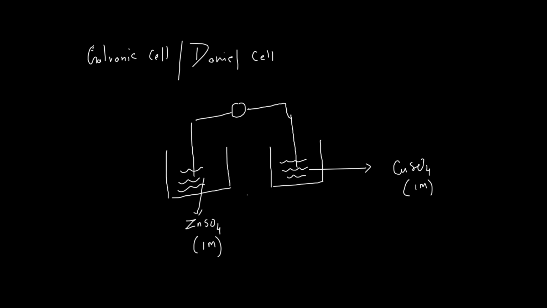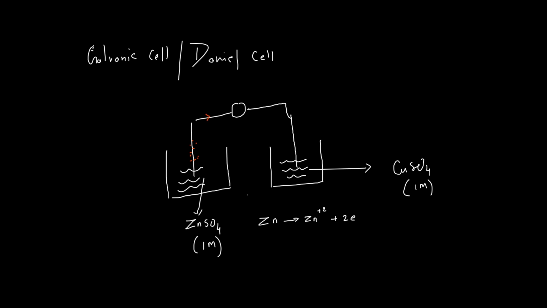In this setup we observe that zinc is getting oxidized into Zn2+ by losing 2 electrons, and these electrons get accumulated over here.